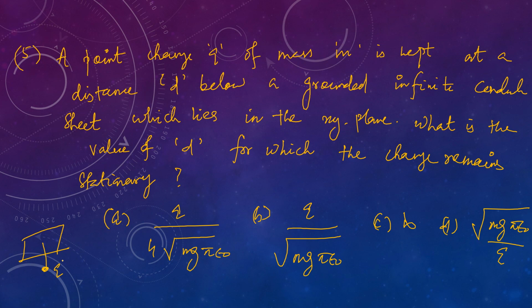If there is a charge at distance d here, there will be another mirror charge here with opposite charge, at the same distance. It will remain stationary if the gravitational force is equal to the electrostatic force between them. Very easy question.